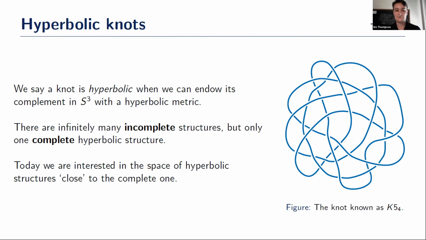Hopefully this is familiar to everyone who's been playing along with this workshop for the last couple of days. There's been a lot of talk also about Mostow-Prasad rigidity. So what that says is that there is a unique complete hyperbolic structure on a knot complement.